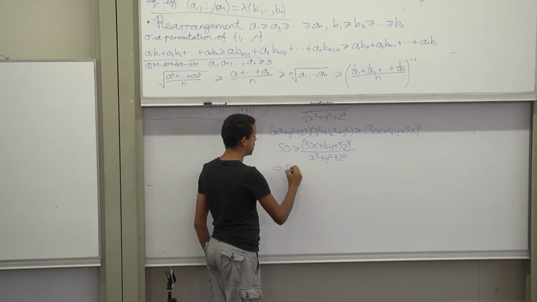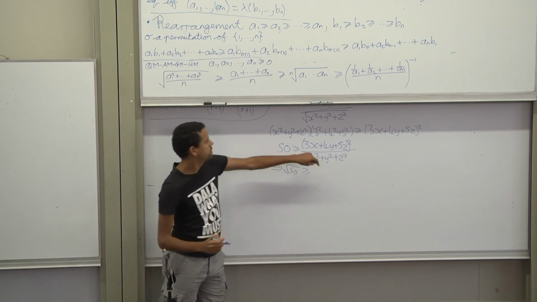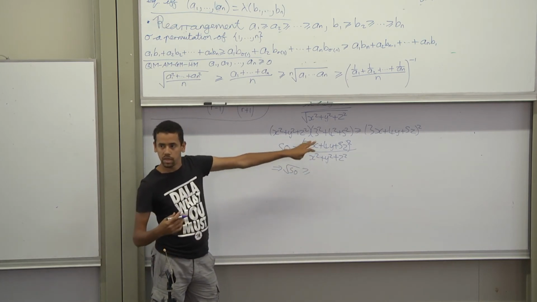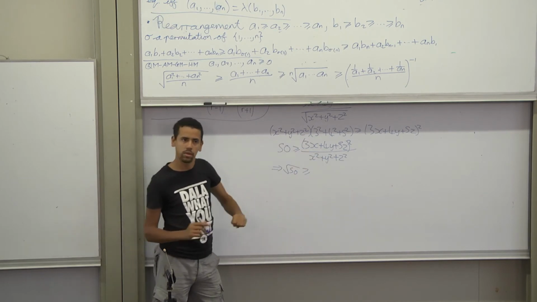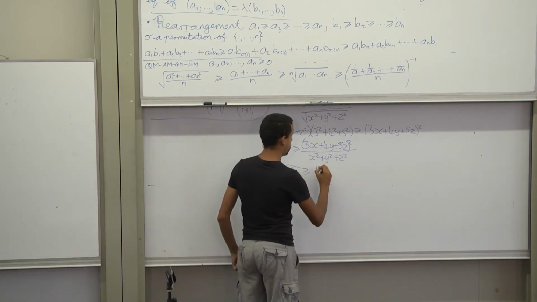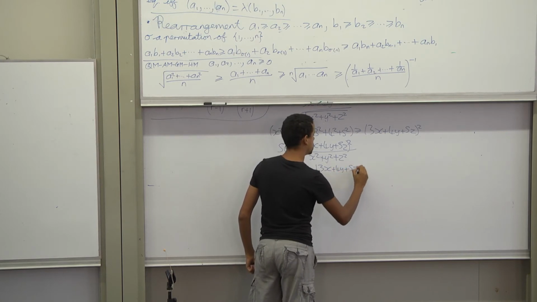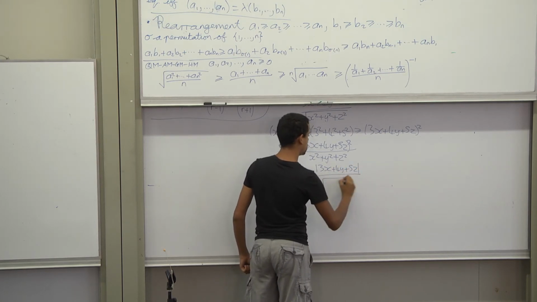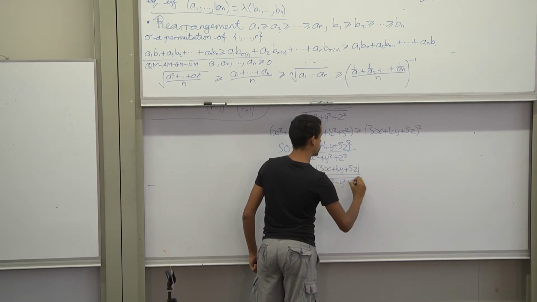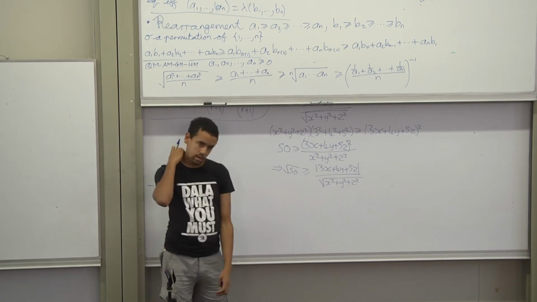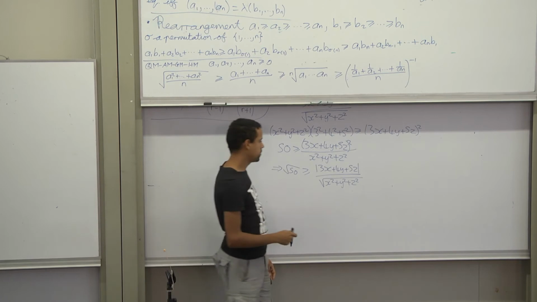The square root of 50 is greater than or equal to the absolute value, because when we take the square root we don't know whether the thing inside is positive or negative, over the square root at the bottom. And of course, this absolute value is greater than or equal to the thing itself.